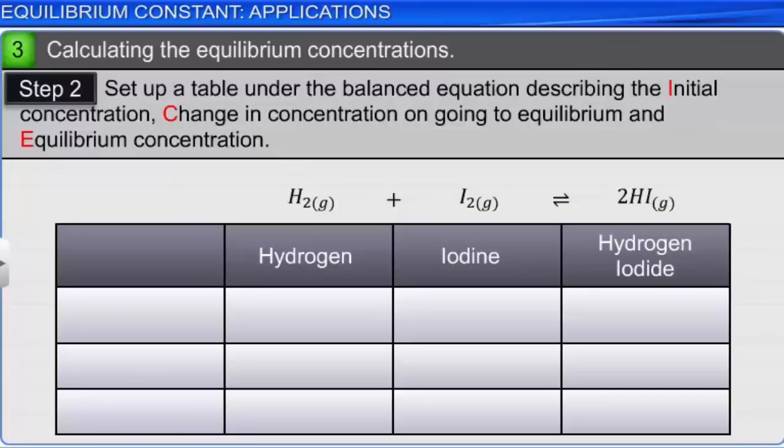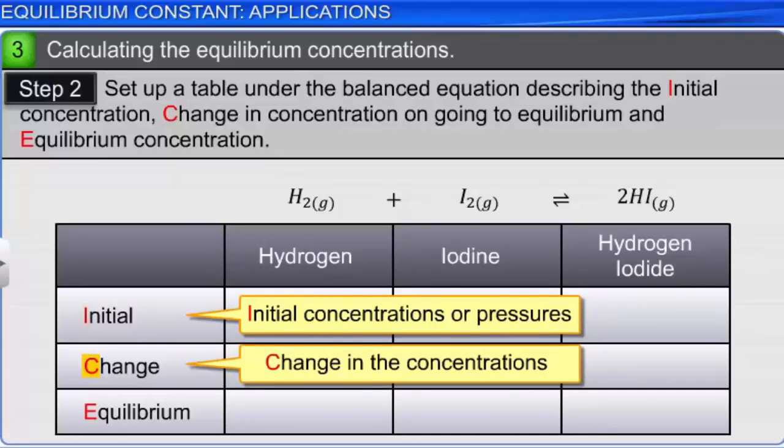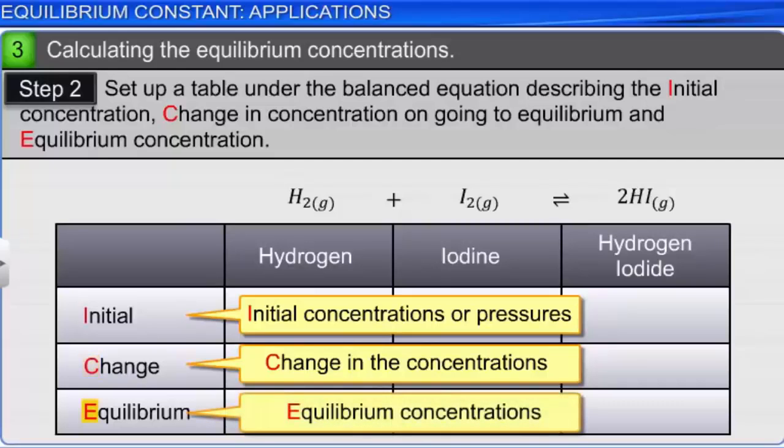The second step can be easily remembered in the form of an ICE chart, where I stands for the initial concentrations or pressures for each species in the reaction mixture. C represents the change in the concentrations or pressures for each species as the system moves towards equilibrium. E represents the equilibrium concentrations or pressures of each species when the system is in a state of equilibrium.